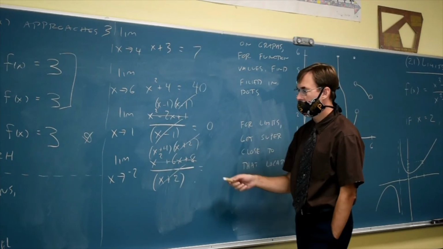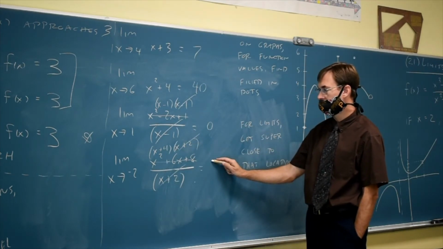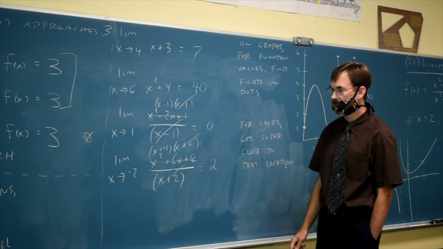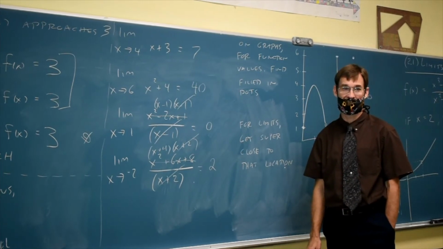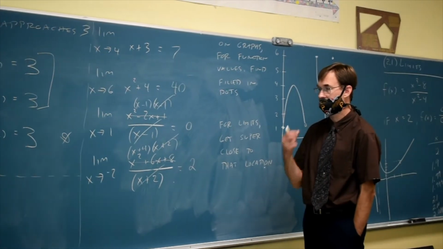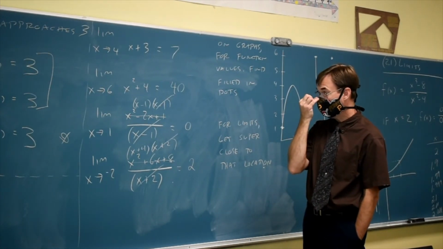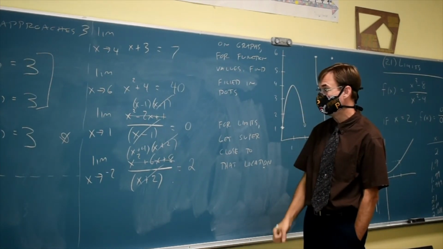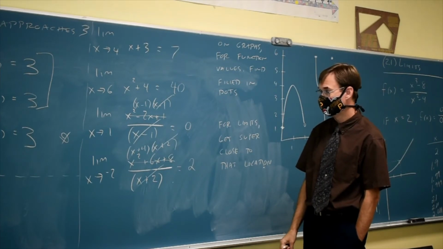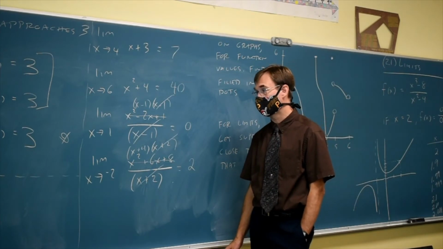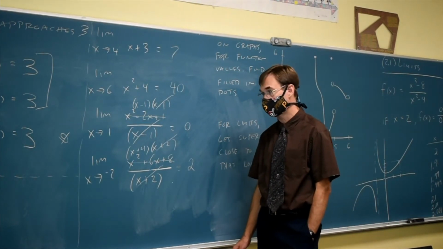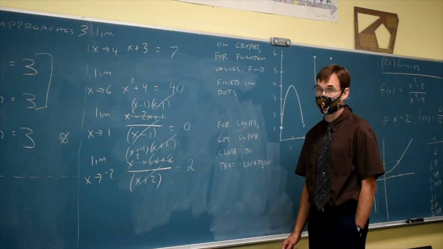Plug -2 into who's left standing, and out comes 2. 0 divided by 0, in this case, 2. Does that make any sense? No. Okay, but that is truly the best answer, and that was why they had a lot of trouble in the history of this problem coming to any kind of agreement, because some zany things happen. 0 divided by 0 seems like it should be 0, 1, or impossible. It doesn't seem like it should be 2, but sometimes it is.